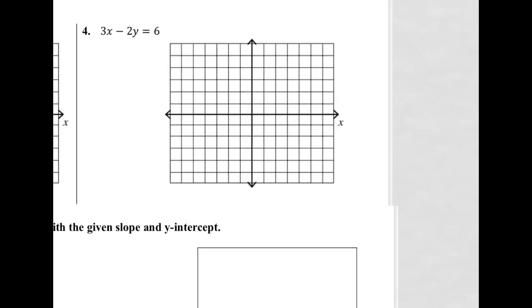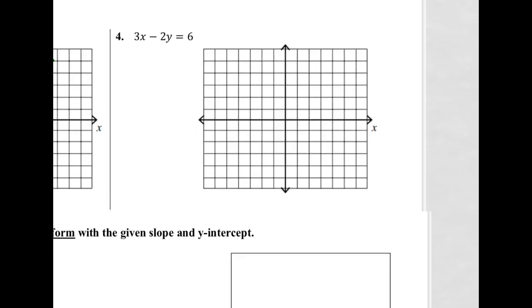Okay, number 3. That was 3. Number 4. This one is in standard form, which we're not interested in being standard form or not. When we graph lines, we've typically put them into slope-intercept form. And so we could do that to this problem as well. Or, again, remember back, if it works out well, x equals 0, y equals 0 gives us 2 points that we can work with.